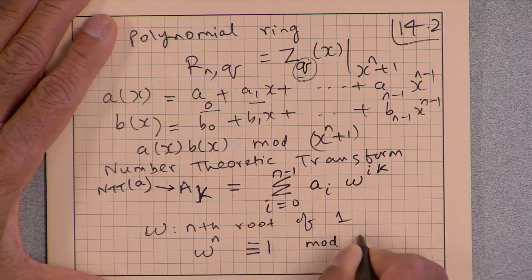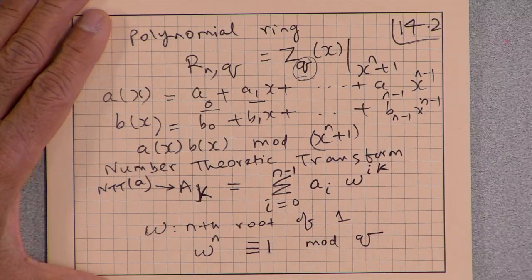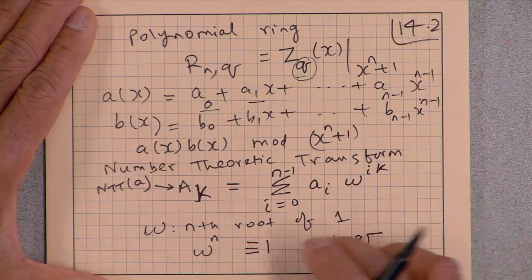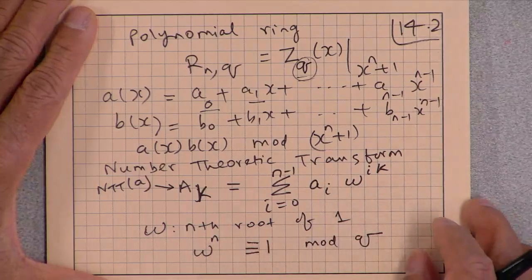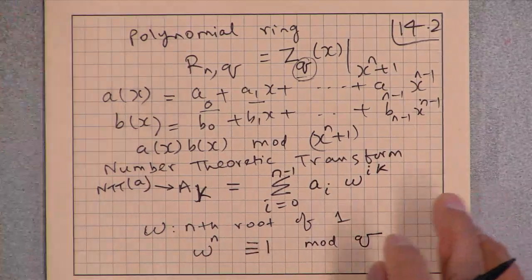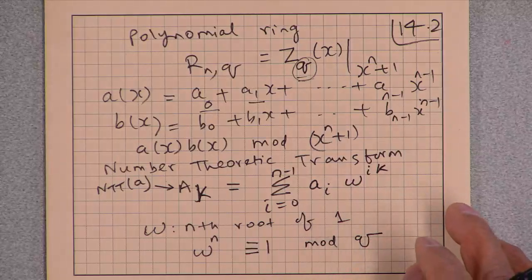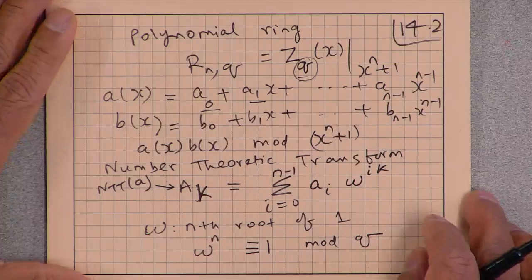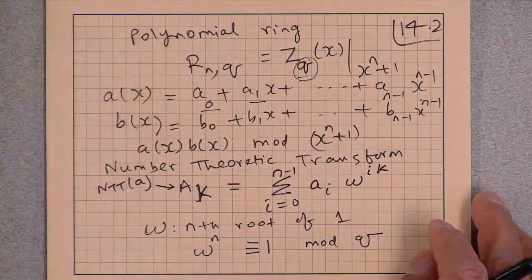The formal way of writing that is omega to the power n is equivalent to 1 mod q. That's the formal definition of NTT.